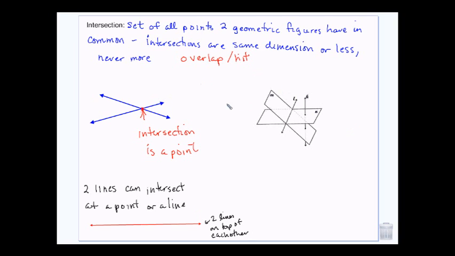With planes, if you intersect two planes, you get a line. This is two planes intersecting.